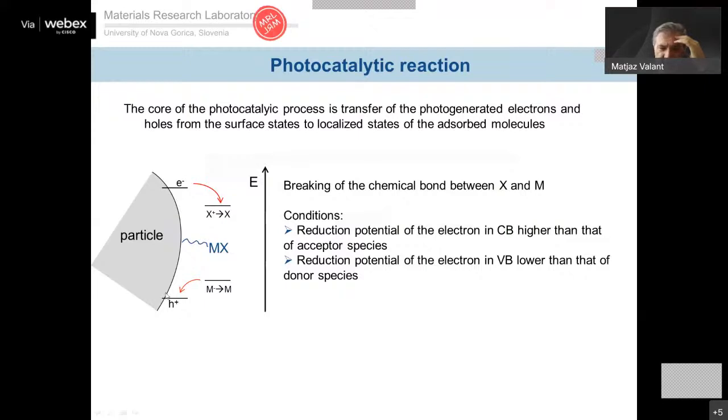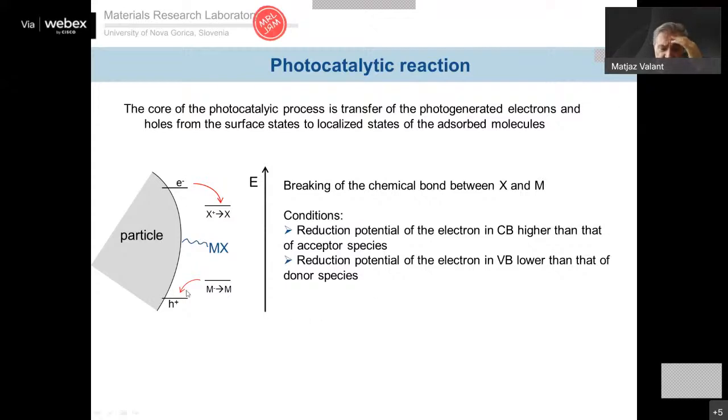Well, the same with the holes. In the case of the holes, of course, the species adsorbed from the media donate an electron into the hole. By that, we can obtain breaking of the chemical bond in the molecules, and the reaction can in fact continue.